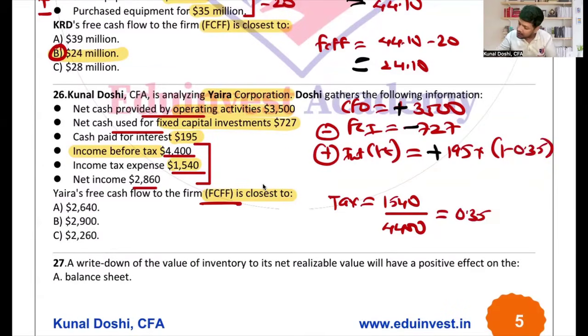Correct? So that's going to be your interest times 1 minus T. So let's calculate how much this is. 1 minus 0.35 times 195 is 126.75. 3,500 minus 727, and if you do FCFF, you'll get 2899.75.